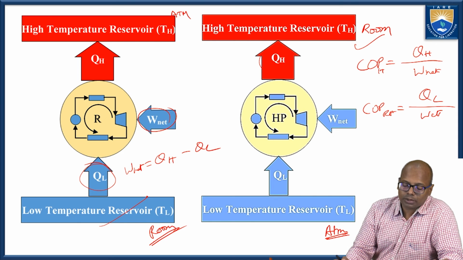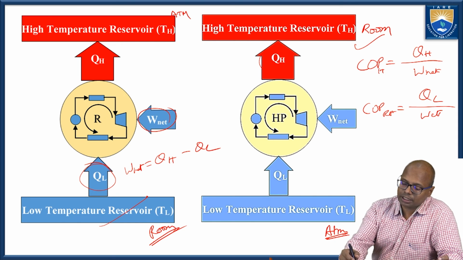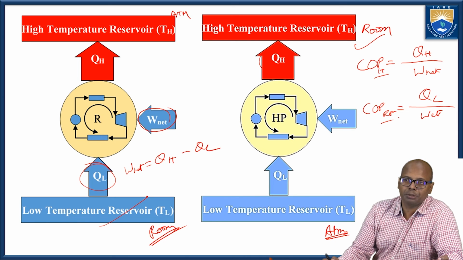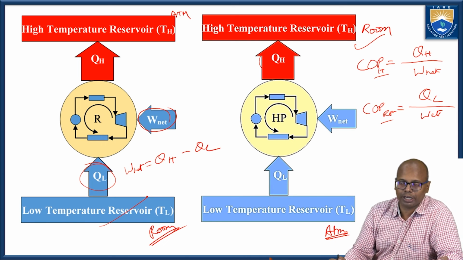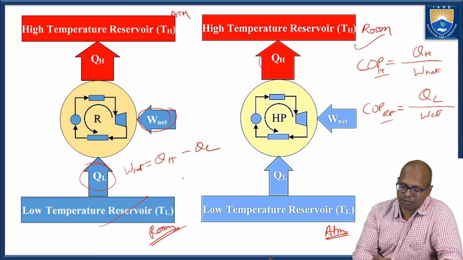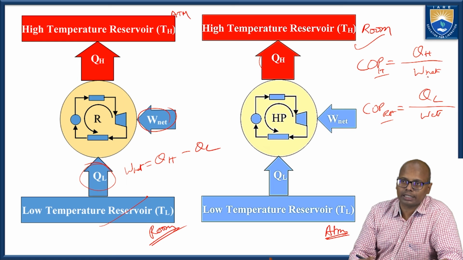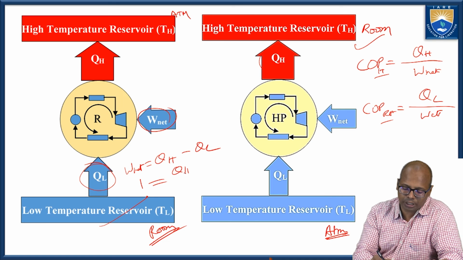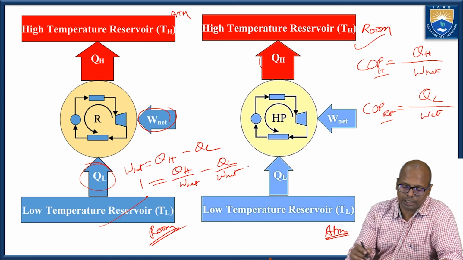Now, what is the relationship between the COP of a refrigerator and the COP of a heat pump? From this you can find out. What is QH by W net? I am bringing this one here: 1 minus QL by W net.